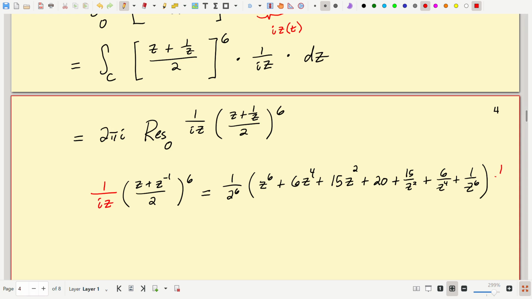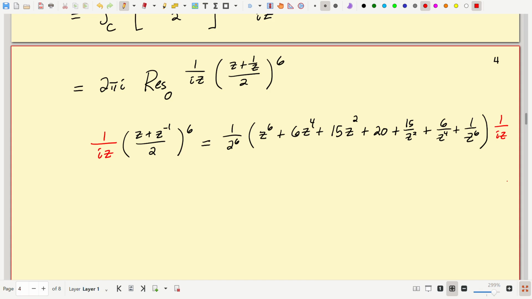And so I multiply by 1 over i times z over here, and then it hits me, my residue term equals, I'm going to get 1 over 2 to the 6th, and 20 over i times 2 to the 6th, divided by z.